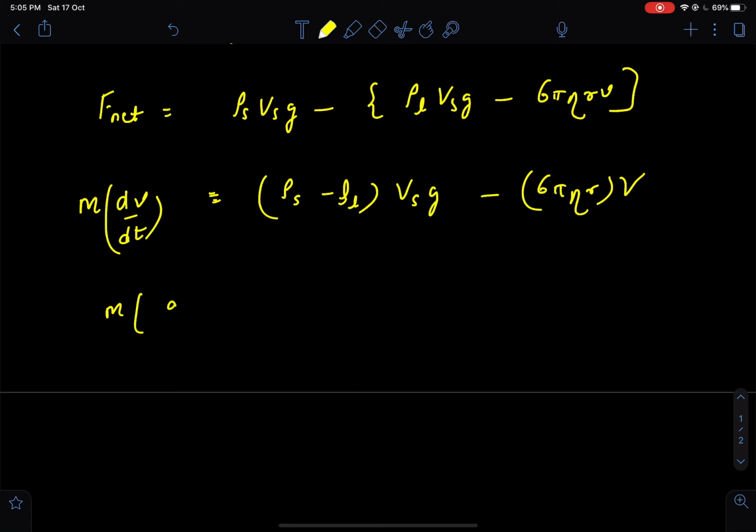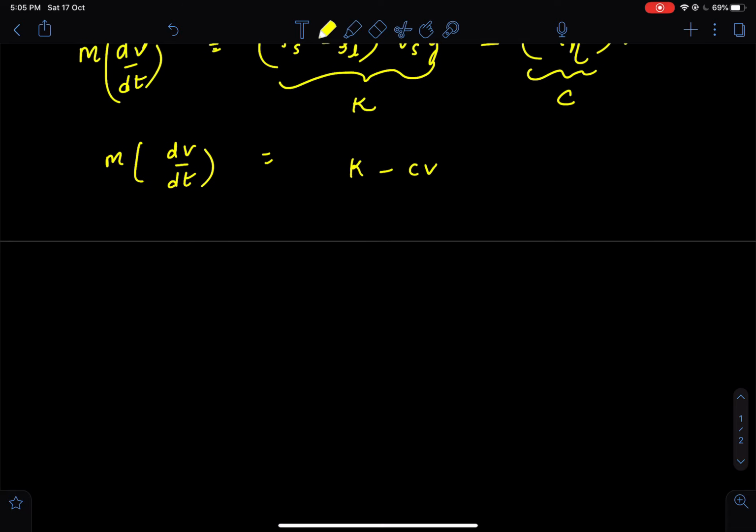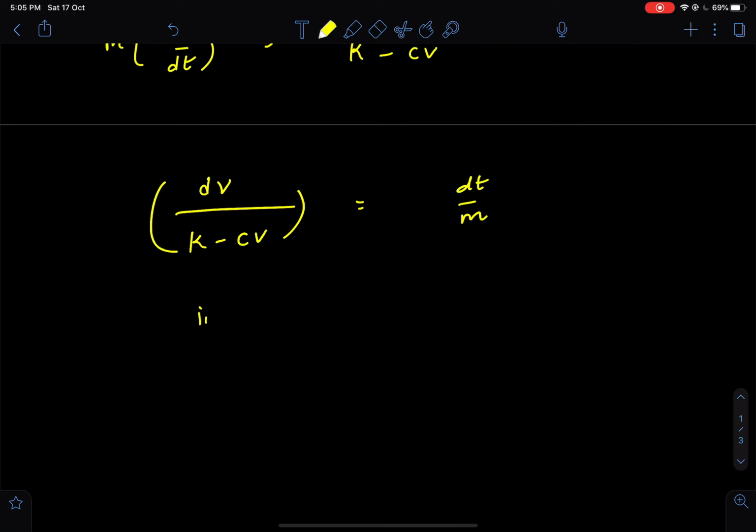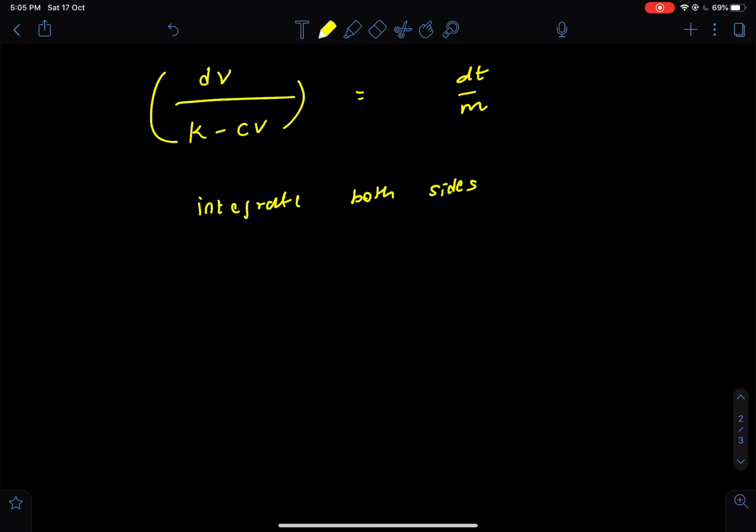So m dv by dt is equal to, let's call this constant k and this constant c, both are constants, so k minus cv. So dv by (k minus cv) is equal to dt by m, and now we can integrate both the sides.